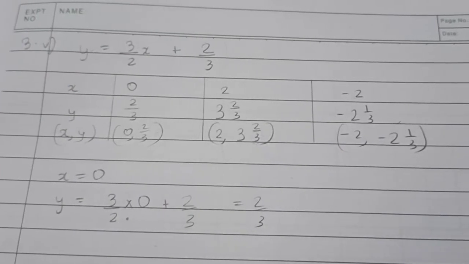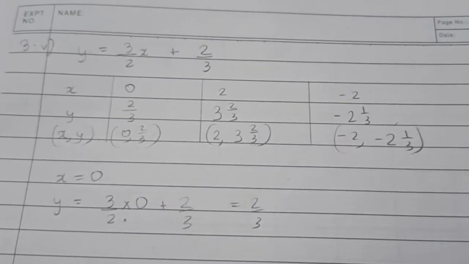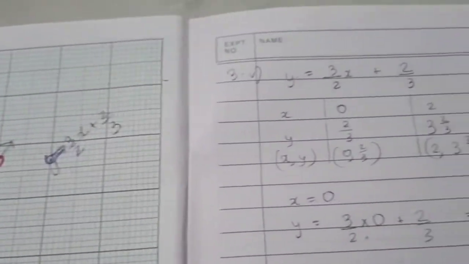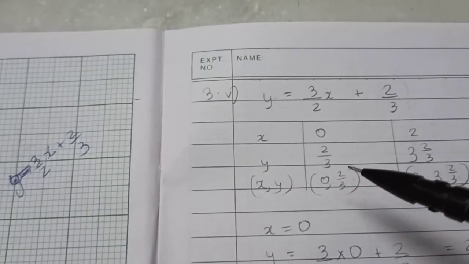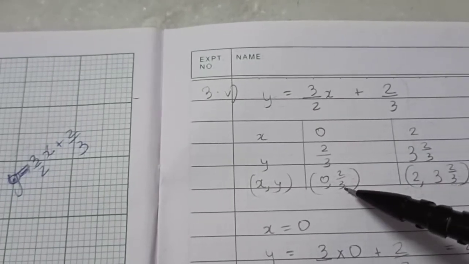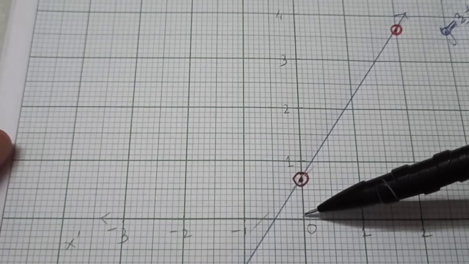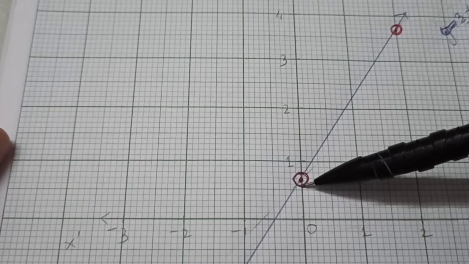Now let's plot these points. So 0, 2 upon 3, since x coordinate is 0, obviously it will lie on the y-axis, and 2 upon 3 is 0.66 or 67. So 0, 0.66, so 0.1, 0.2, 0.5, 0.6, 0.7.